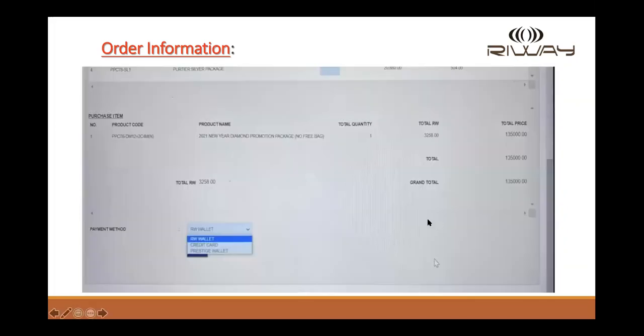Okay, so when you choose payment selection, you can choose RW wallet, you can choose credit card, or you can choose Prestige wallet. Now, Prestige wallet is something that we seldom mention because Prestige wallet is only available to people who have qualified as a diamond 3-star. For every diamond 3-star that you qualify, you get 1 Prestige point.